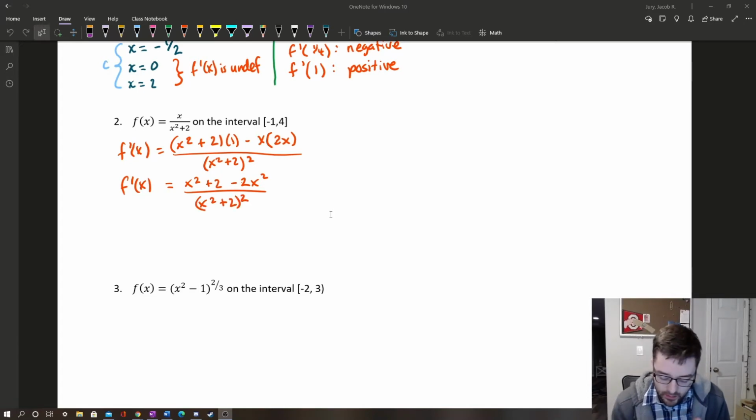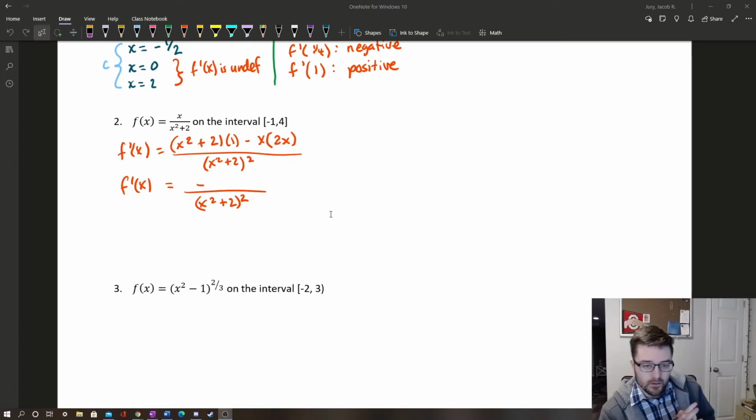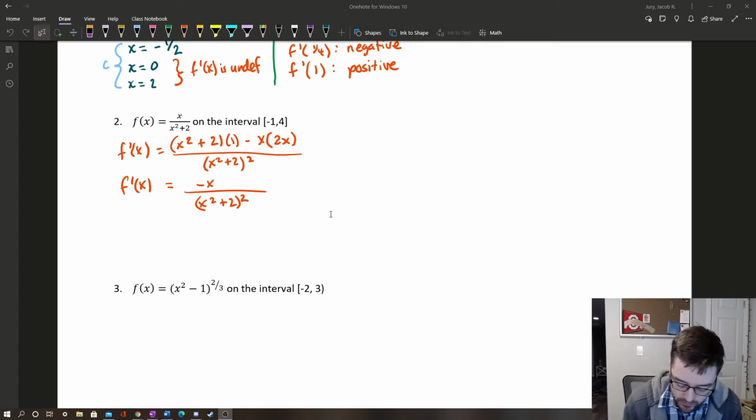I can simplify the numerator a little bit, so I'm going to make this a negative x squared plus 2 in my numerator, just combining like terms. And now I can set this equal to 0. So I'm going to set 0 equal to negative x squared plus 2 over x squared plus 2 squared.